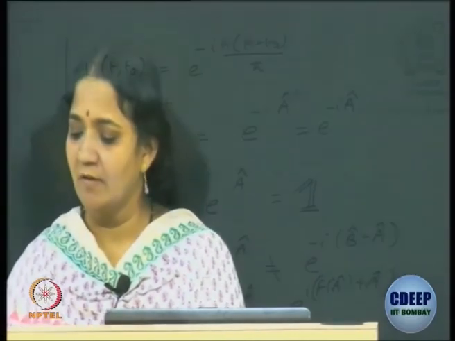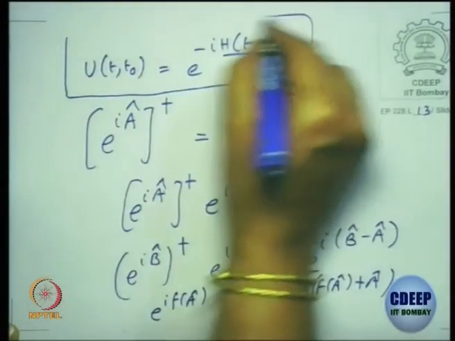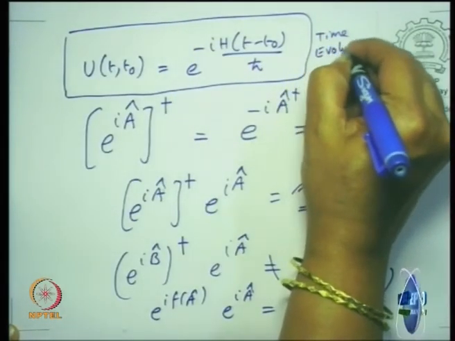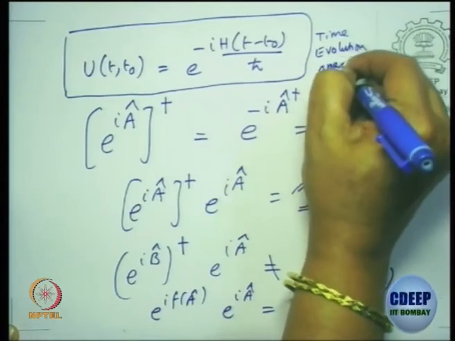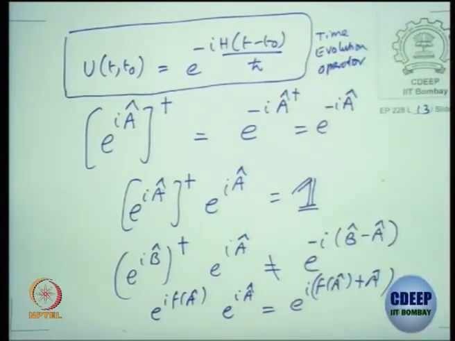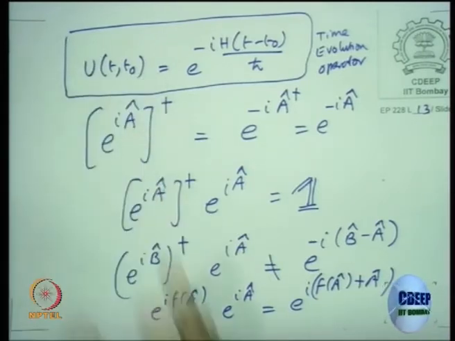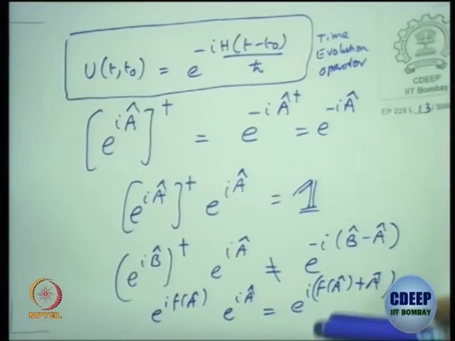Okay, so the time evolution operator which I have written here is what is called the time evolution operator for time independent Hamiltonians. This helps us in finding the state at any arbitrary time given the state at an initial time t0, and this operator has various properties.